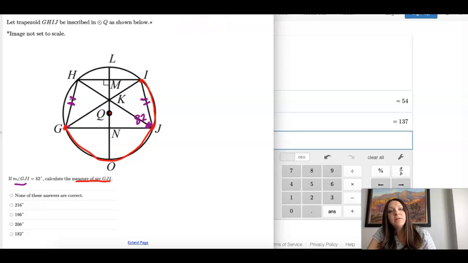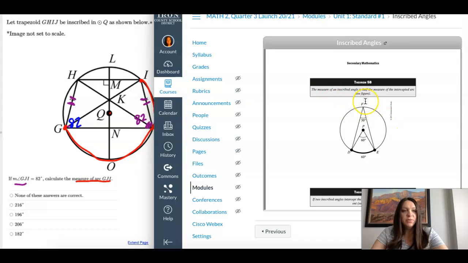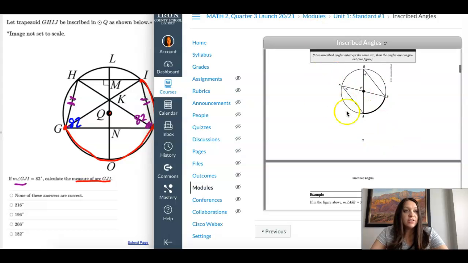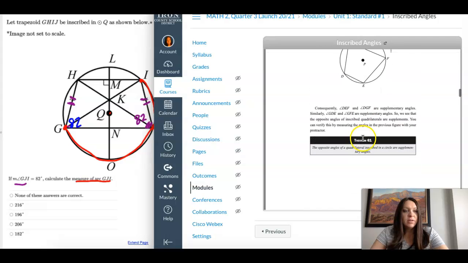Alright. So let's see what we're looking at here. Because this is isosceles, this angle would also be 82. And then in our last section, I have those pulled up too. In our last section, this is from 1.3, we talked about quadrilaterals. So the opposite angles are supplementary.